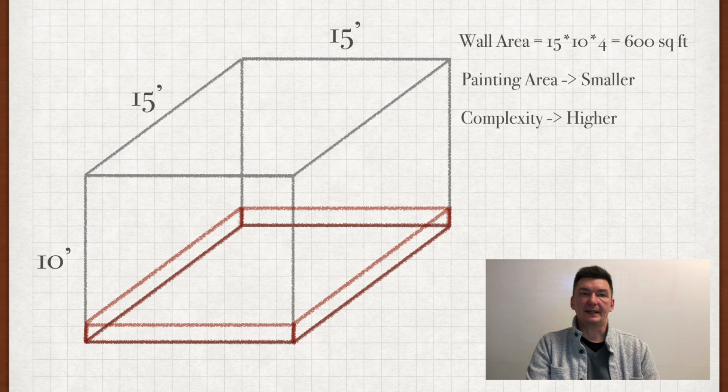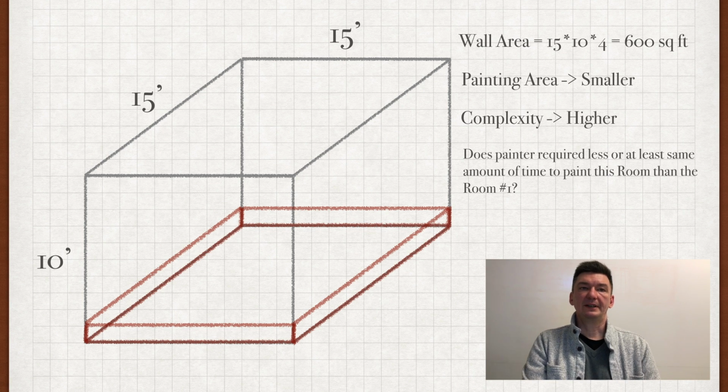The complexity is getting higher. We don't want to paint the baseboards. We have to protect them with green tape, or we have to use a brush to paint around them. Would it be correct to say that we need less time to paint this room than room number 1? No. Even though the area that needs to be painted is smaller, the complexity is higher.